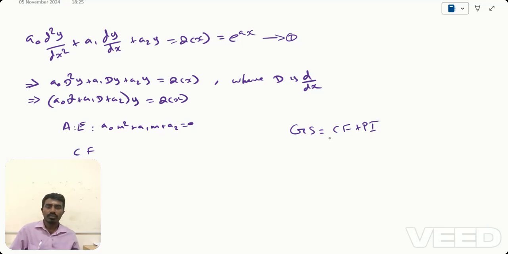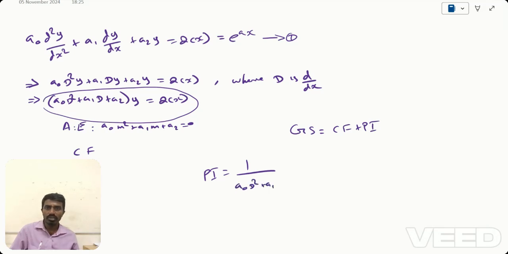Now we will see how to find PI for type 1 problems. So PI equals 1 divided by the left hand side without y, that is a naught d square plus a1 d plus a2, into the right hand side function, e power ax.